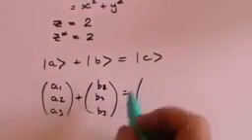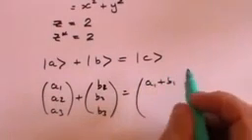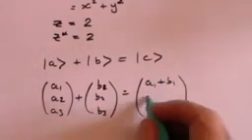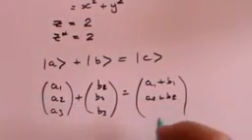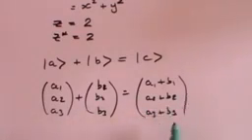What is that going to produce? Well, it couldn't be easier. It's going to be another ket vector, and you simply add the dimensions. So A1 plus B1 becomes the first term in the ket vector. A2 plus B2 becomes the second term, and A3 plus B3 becomes the third term.